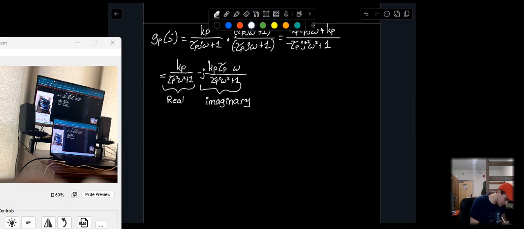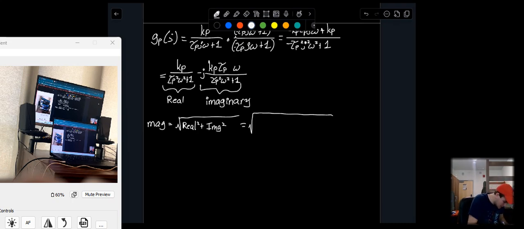So of course the magnitude here is going to be simply the square root of real squared plus imaginary squared, which in this case will give us the square root of kp squared, let's go ahead and do this here, 1 plus tau p squared omega squared over 1 plus tau p omega.